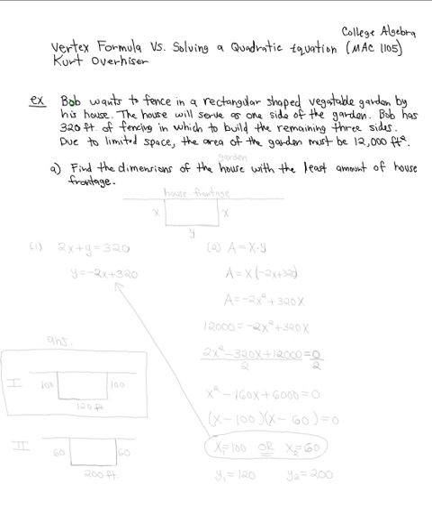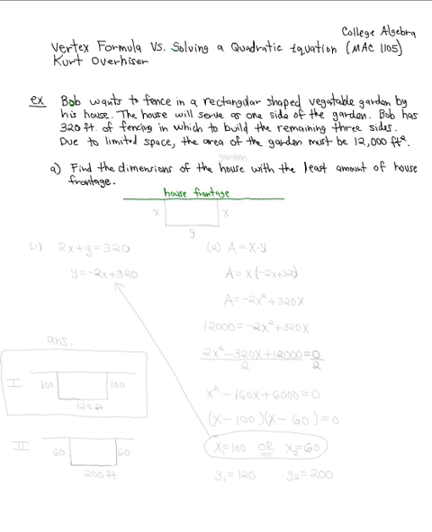So, as in a lot of cases when we solve word problems, we are going to draw a picture. Right here, this line that I'm drawing is the house frontage. That's where the house is.